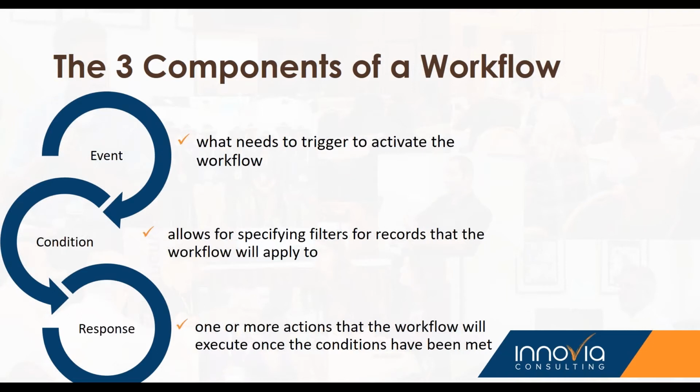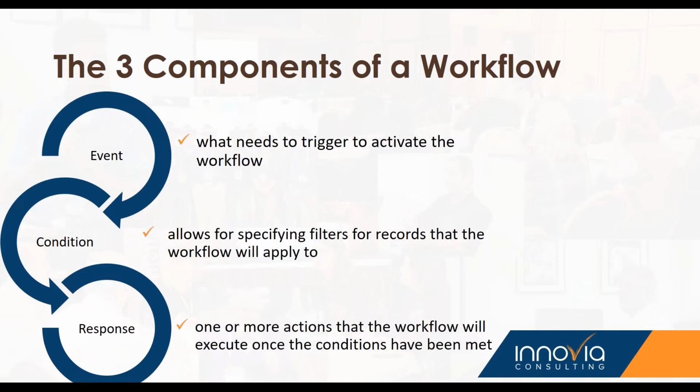So first this happens, the event. So if I create a sales order, then the response is what's going to happen. So what is the action that's going to happen if I create a sales order? If I create a sales order and it's greater than $10,000, I want to send my manager a notification that there's a new sales order.